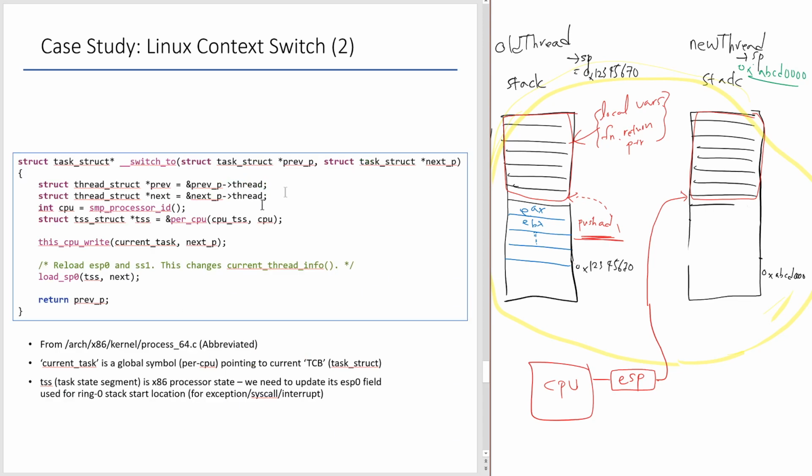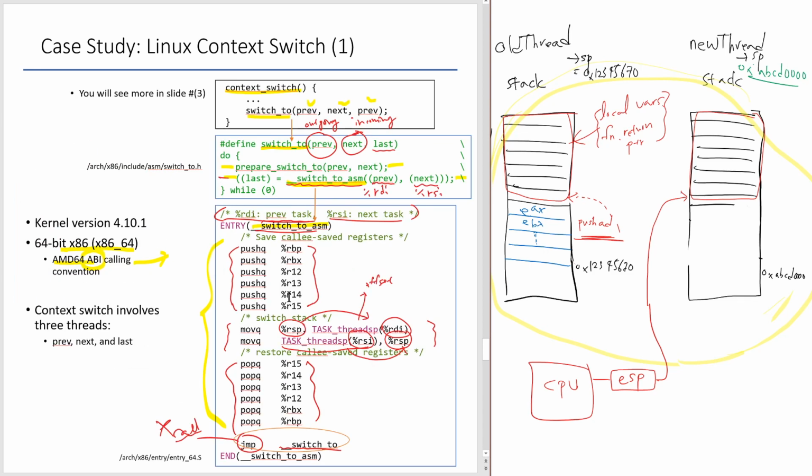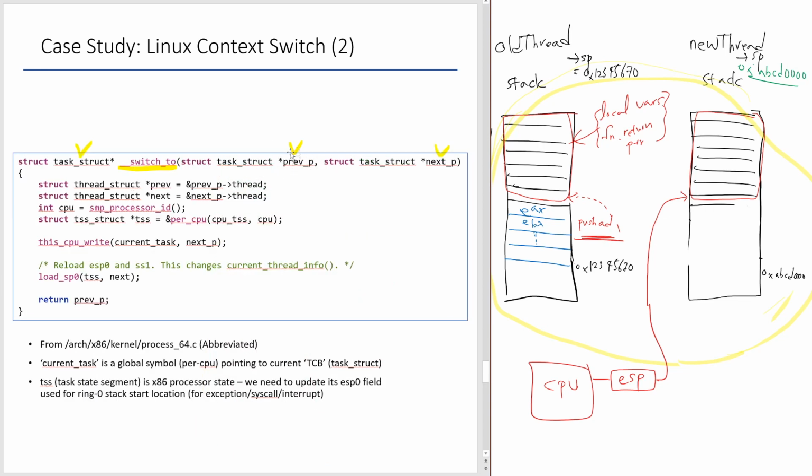The switch_to function is shown in the next slide here. As you can see, this is a previous and next, and it returns the outgoing thread's task struct. Everything fits together because this assembly code modified neither the RDI nor the RSI register. So we still have this valid previous and next function parameter, and that carries to this switch_to function.